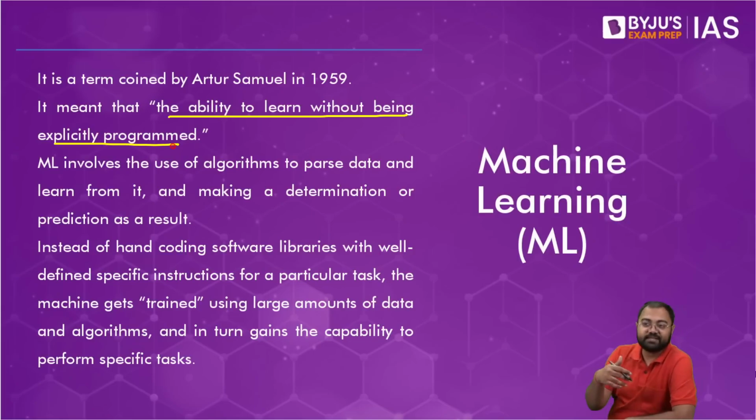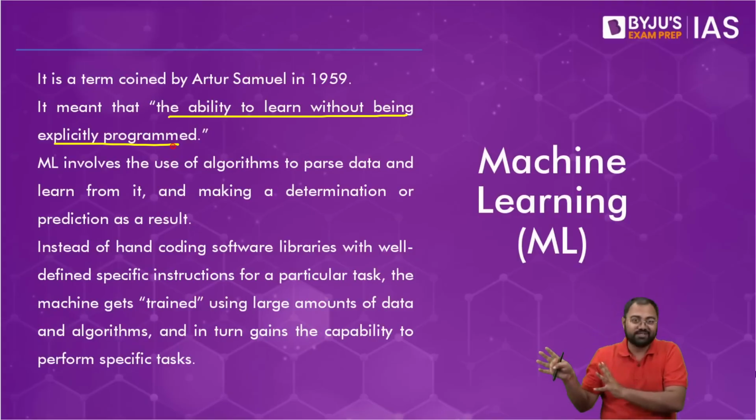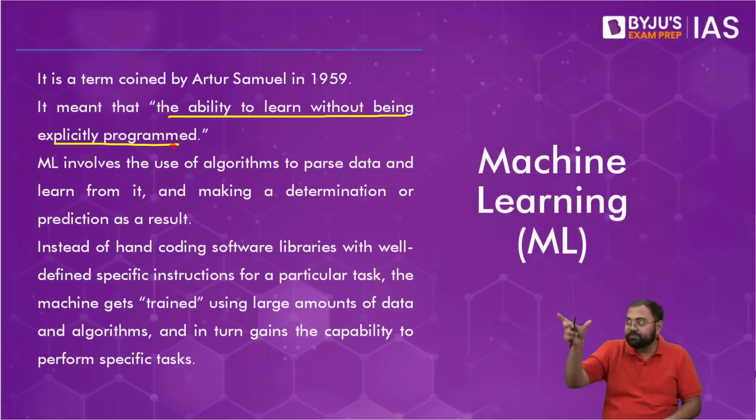For example, if you do a Google search and start typing, you will see that it will try to finish your sentences, right? Why? Because there are so many people who have searched something similar. The most common search, maybe in your area, your state, or your district, will be pushed up.